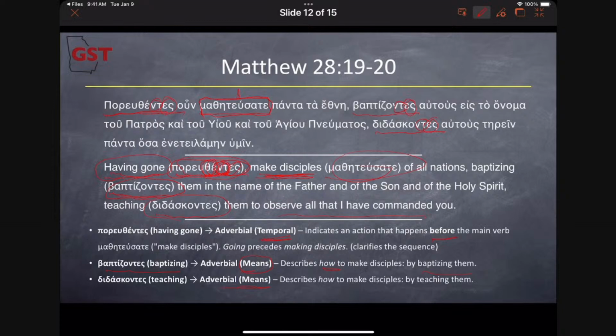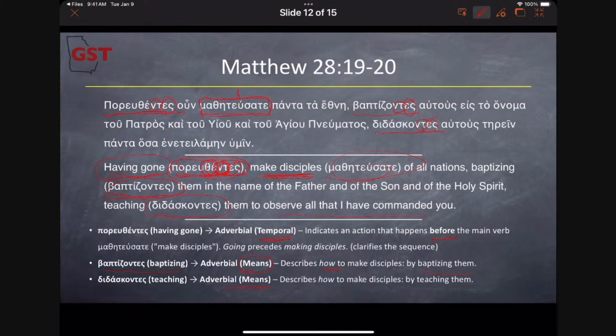You okay? Yeah, that's so cool, because not only that, as far as teaching wise, it all ties back into making disciples. These three parts: going, baptizing, and teaching. It all ties back into that main verb. Right, and the key thing is that the main verb is the key. And the participles are all adverbial, so they're telling you something about the action or the command to make disciples.